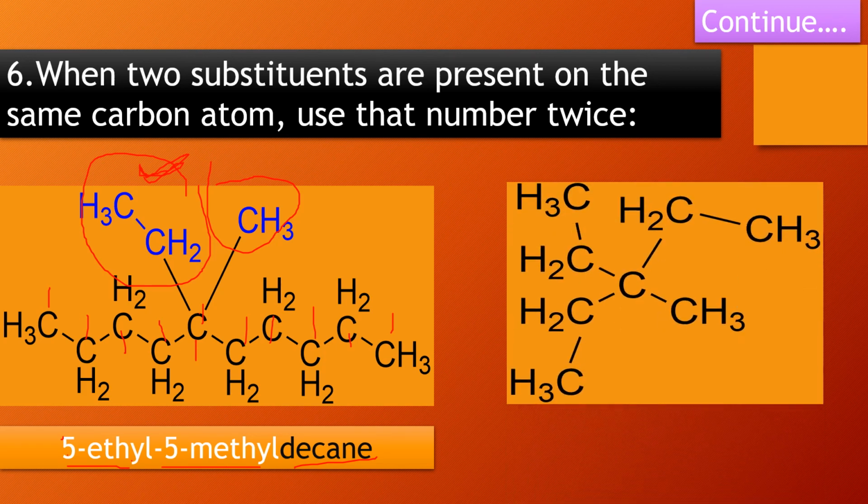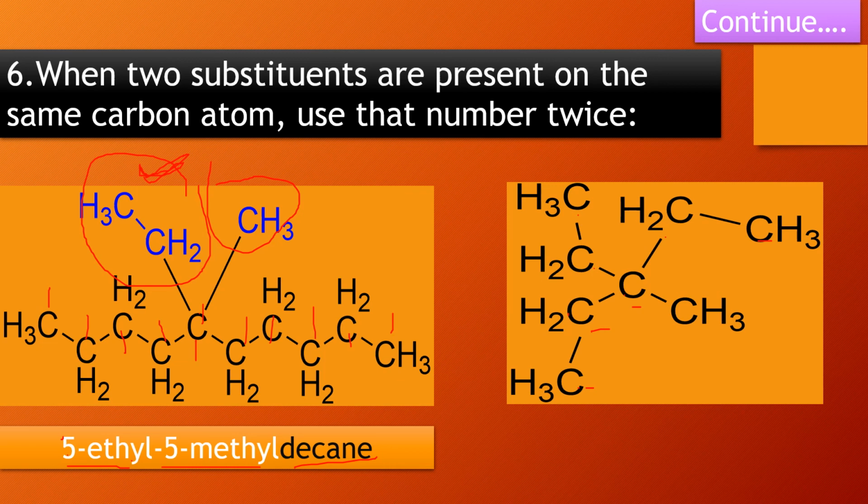In this example, if I count from here 1, 2, 3, 4, 5, or if I count from here 1, 2, 3, 4, 5, from everywhere the total number of carbons in the continuous chain is 5.